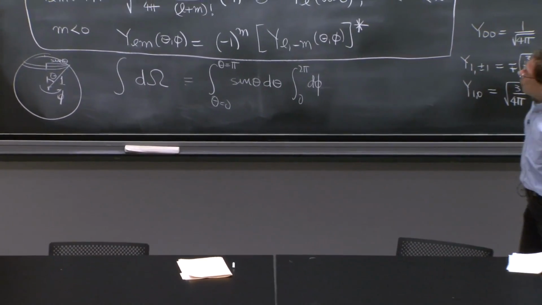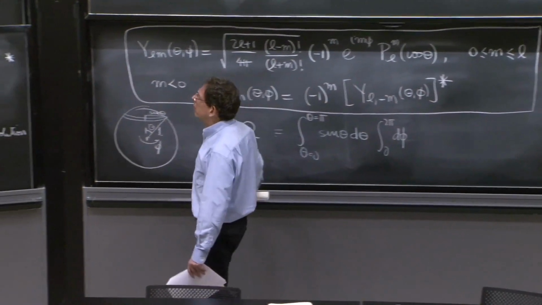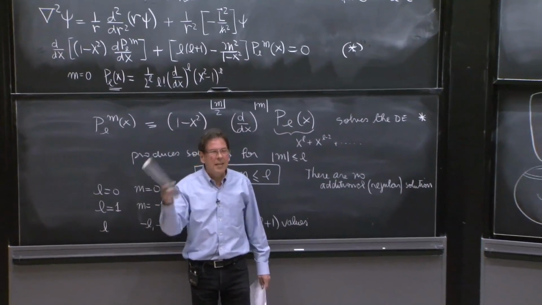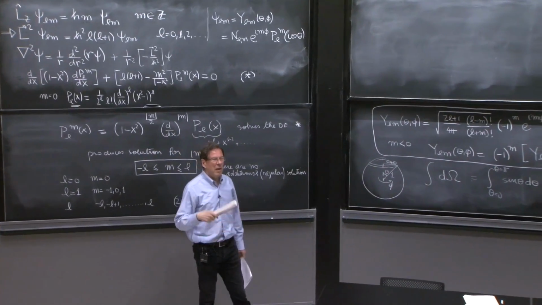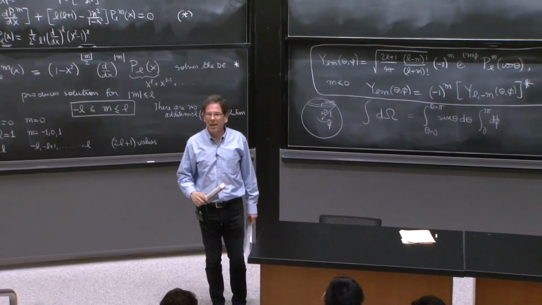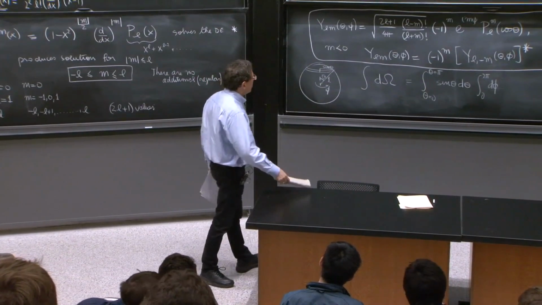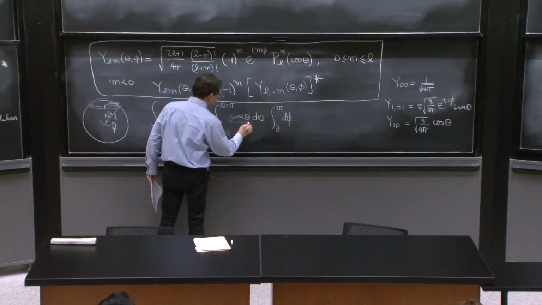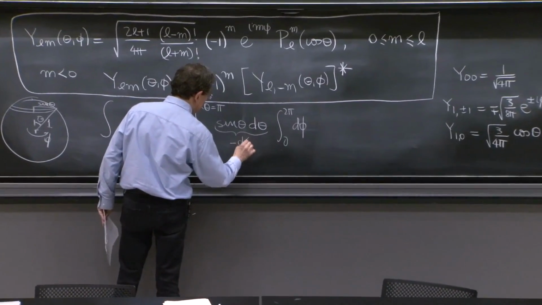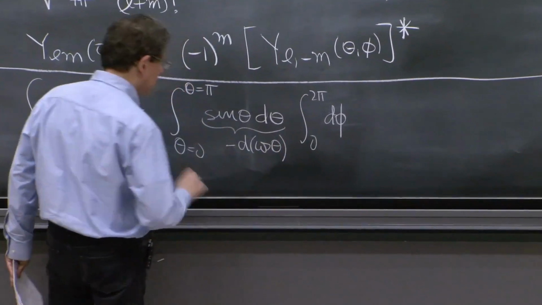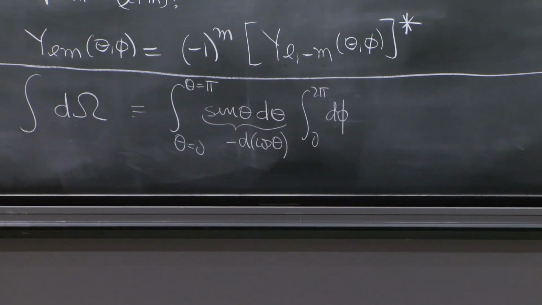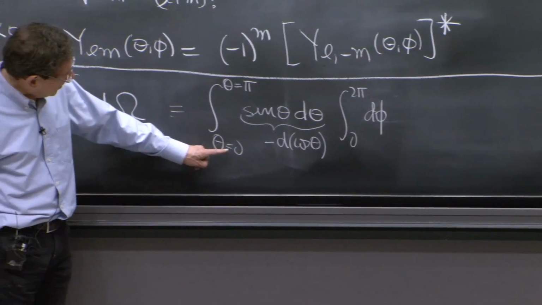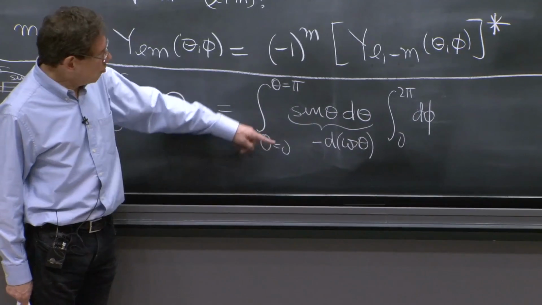Now, you've seen that this equation that began as a differential equation for functions of theta ended up being a differential equation for a function of cosine theta. Cosine theta was the right variable. Well, here it is as well, and you should always recognize that. This is minus d of cosine theta. And here you would be integrating from cosine theta equals 1 to minus 1.